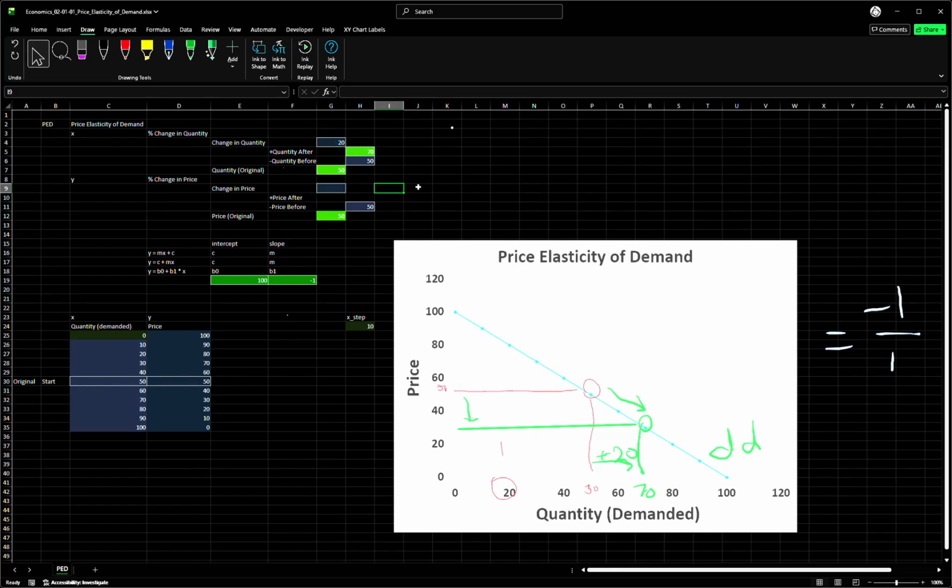Like if we're moving from this point to this point, then the denominator for your price is very big. The original price is big, so whatever change happens on the quantity side is over a small denominator. Then your percentages are different, and you're not going to get a nice minus one. But maybe we cover that in another video. So anyway, this just shows how to calculate it. That's it.